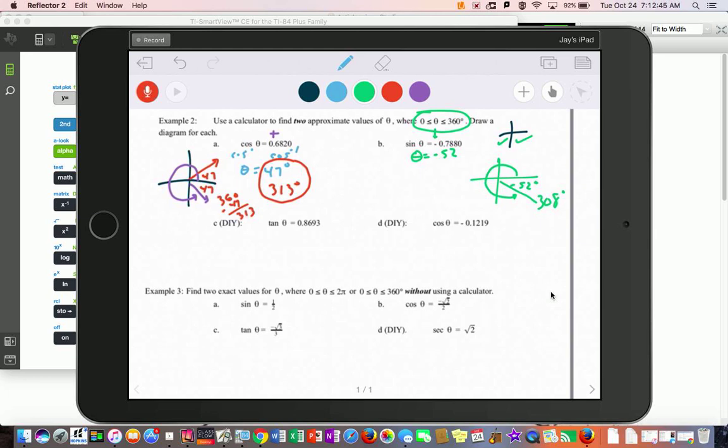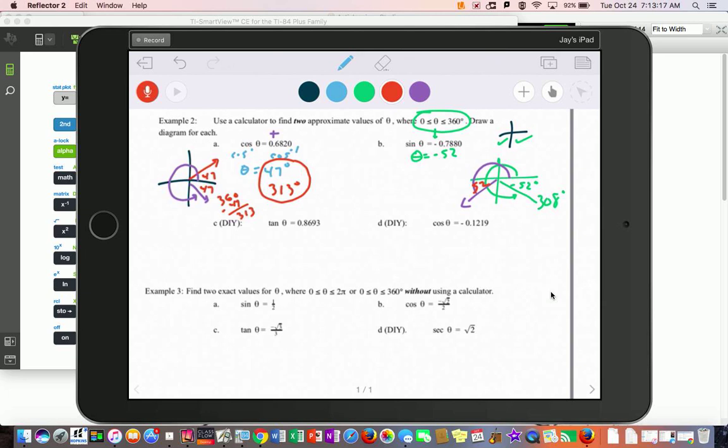Now, the second place where this is supposed to happen is in the third quadrant. So I'm going to draw an angle around from 0 somewhere into the third quadrant. And then what we'll do is we'll put that 52 in this corner. It doesn't really matter that it's negative. We'll just call it 52. It's a reference angle, so 52 degrees there.